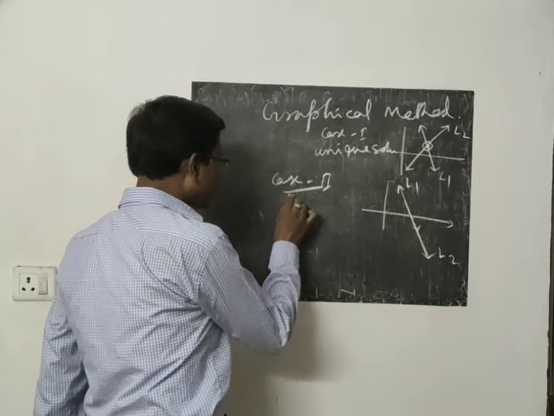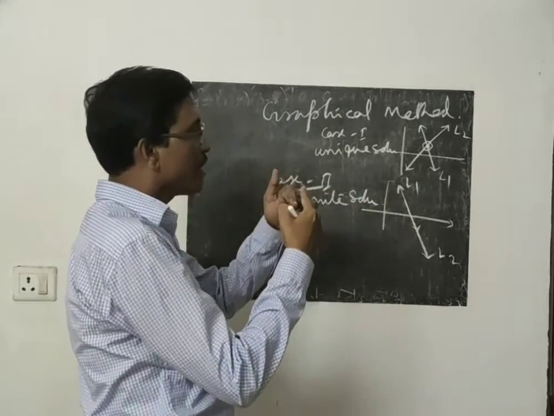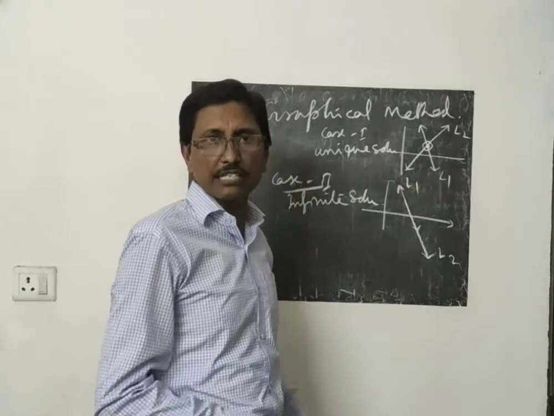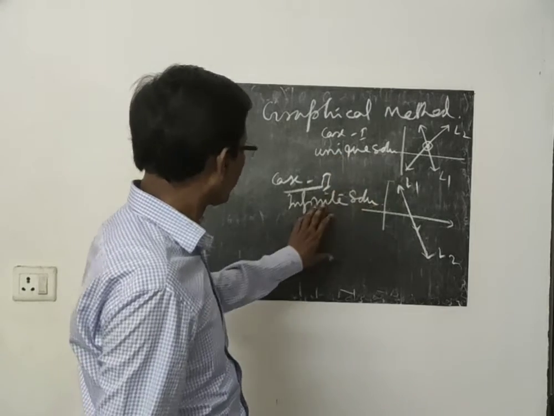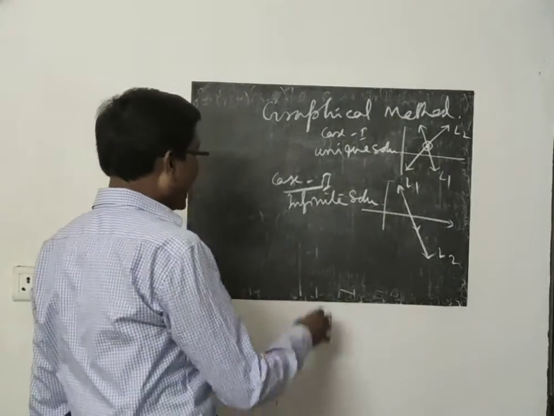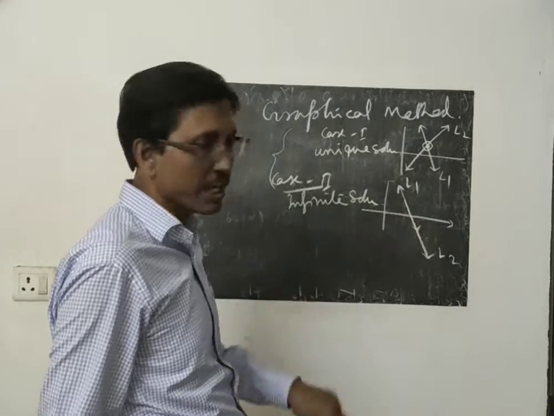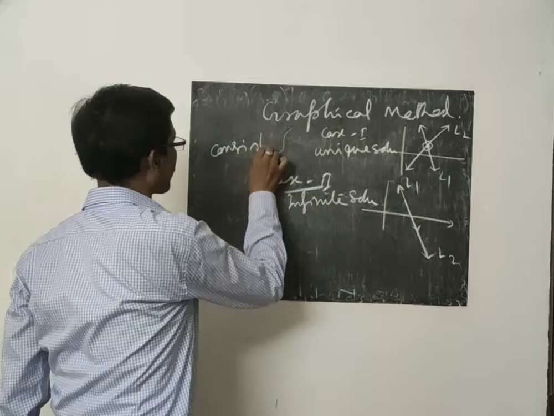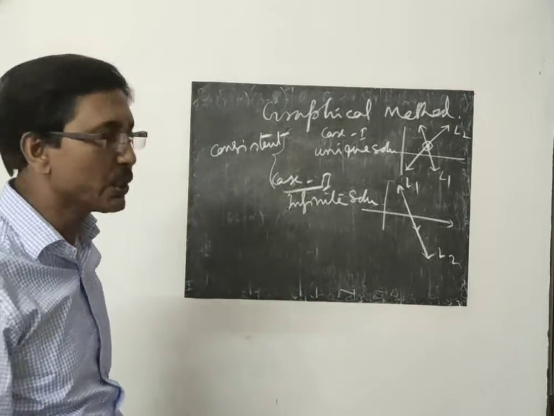So we can say there are infinitely many solutions. These coinciding lines have an infinite number of solutions. And these two cases, either a unique solution or infinite solutions, are known as consistent. These equations are consistent, meaning they have a solution.